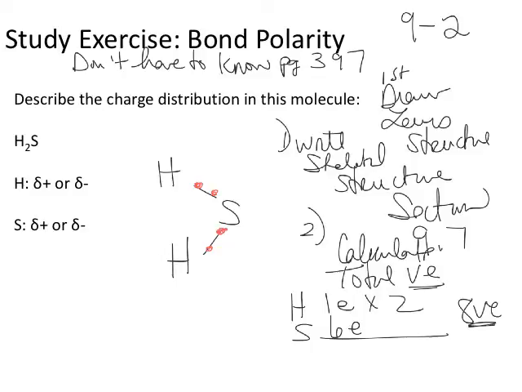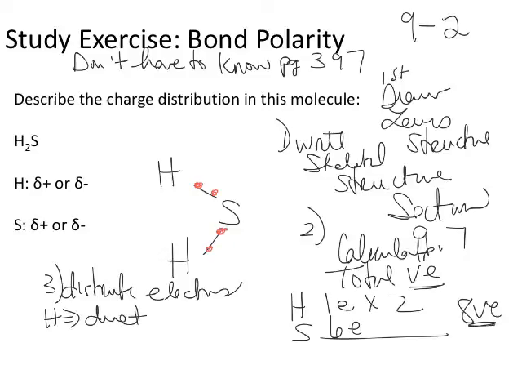Third thing you do, you distribute the electrons around the atoms. Hydrogen forms what we call a duet, meaning 2 electrons satisfies its outer shell. If you remember the electron configurations, it then has an isoelectronic configuration with helium.